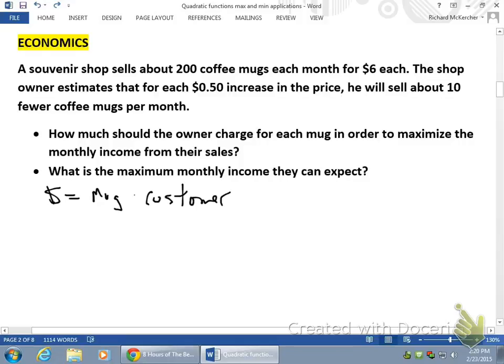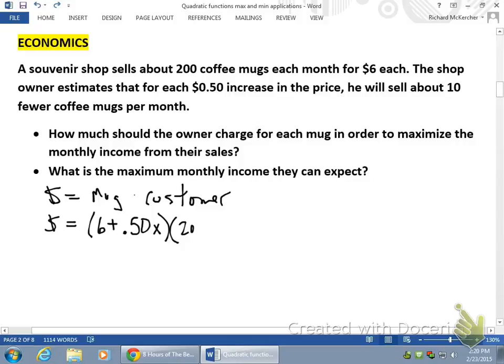His profit is going to be the mug price, which is currently $6, but he's going to go up by 50 cents at a time. So every time he goes up 50 cents, what happens to his customers? They go down.